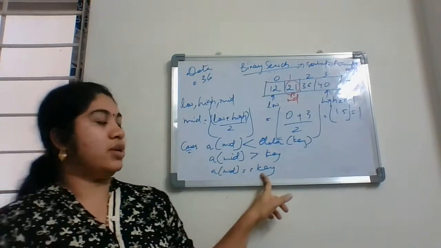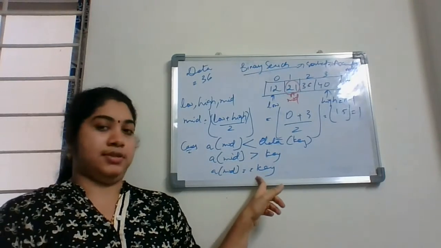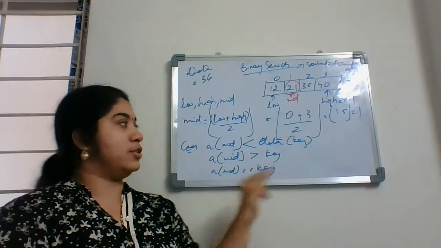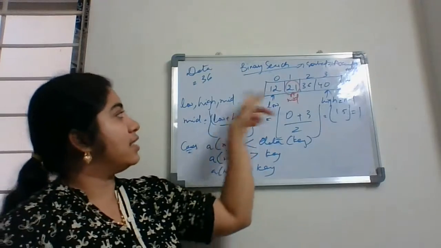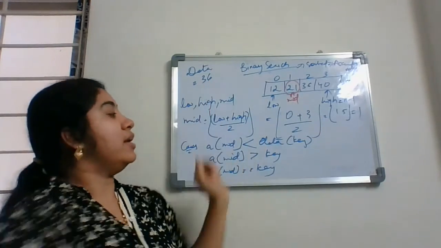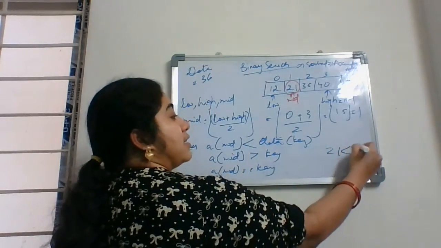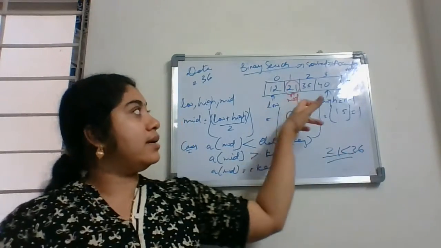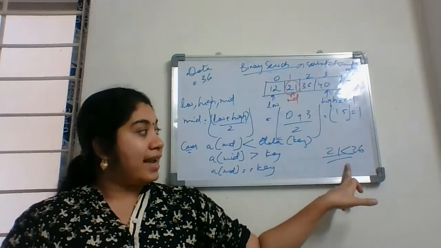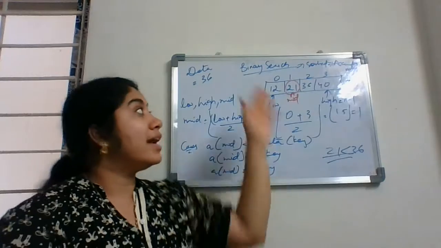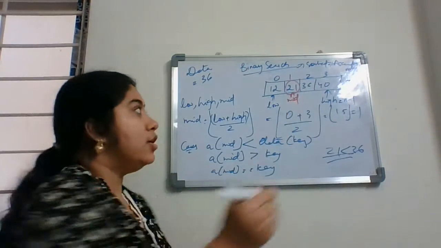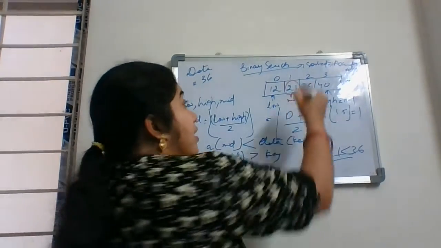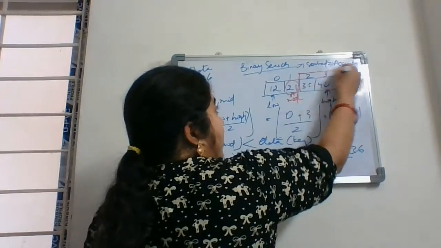When it equals the key, you stop the search. This is a successful search. Here a of mid is 21, and 21 is less than 36. This indicates that the element you are searching for is on the right side of the mid element, so you will be considering only this part of the array.